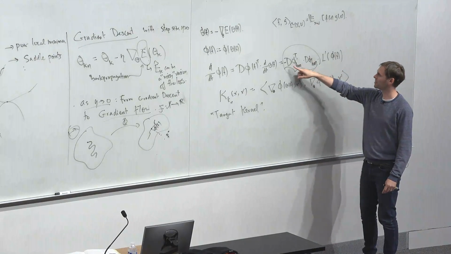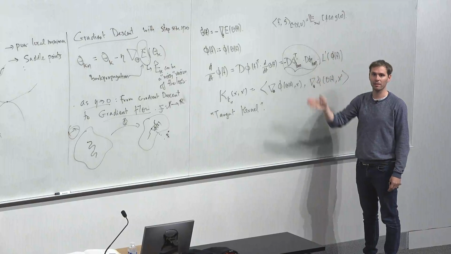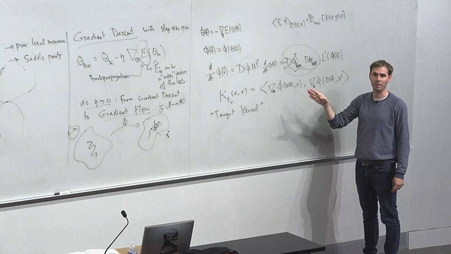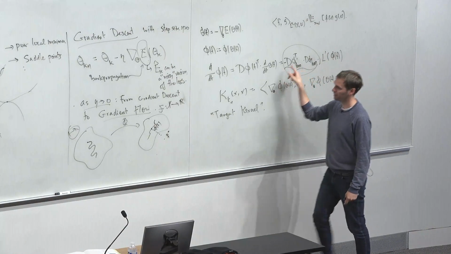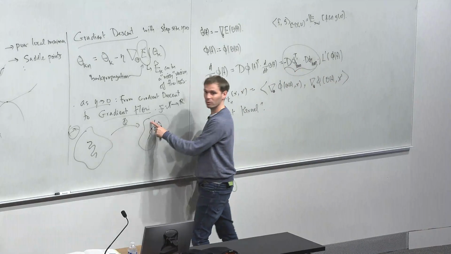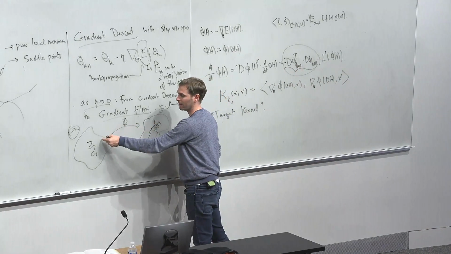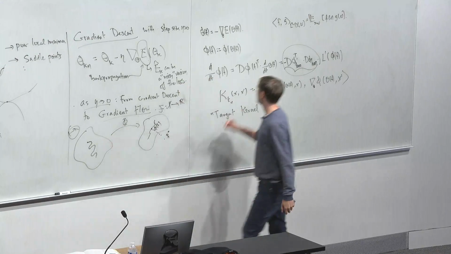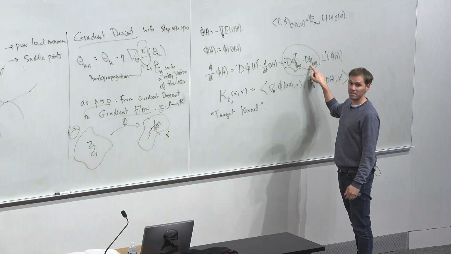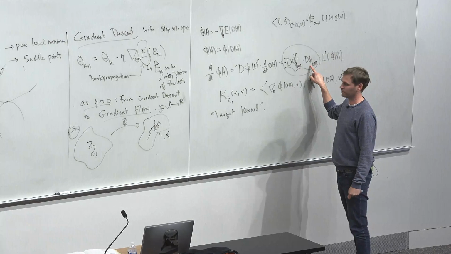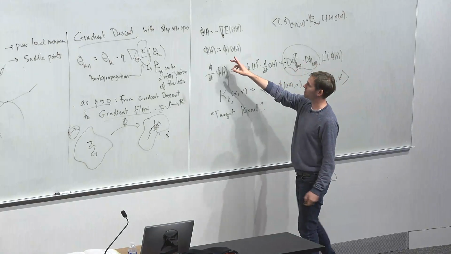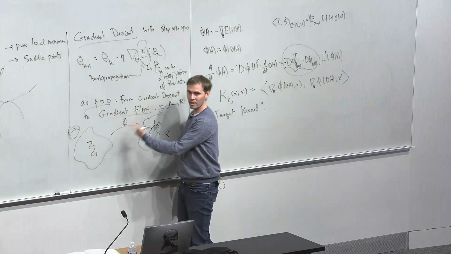Oh, this is just the Jacobian of this mapping evaluated at the parameter where I'm at, right? This mapping phi goes from parameter space to function space. So I can evaluate the Jacobian of this mapping at one particular point. And it's the same object, because it appears twice.